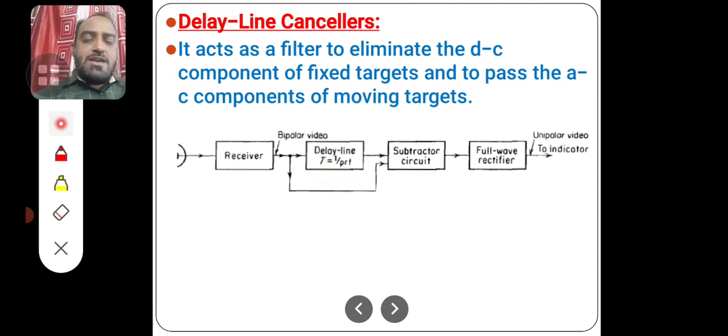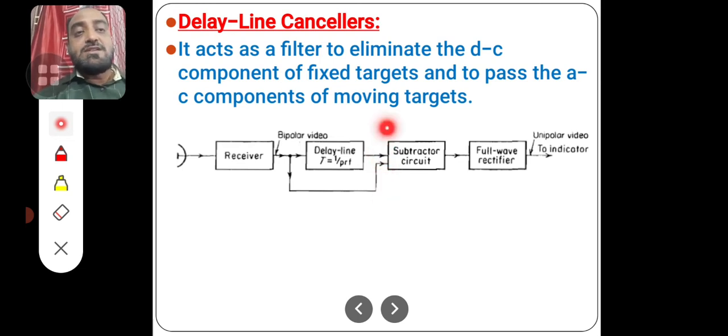That means a complete sweep is delayed. One complete sweep is delayed, and the other is given directly. That means it is the n minus 1 sweep and this is the current n sweep. The difference, n minus (n minus 1), will be a straight line except at the places where there is a moving target.